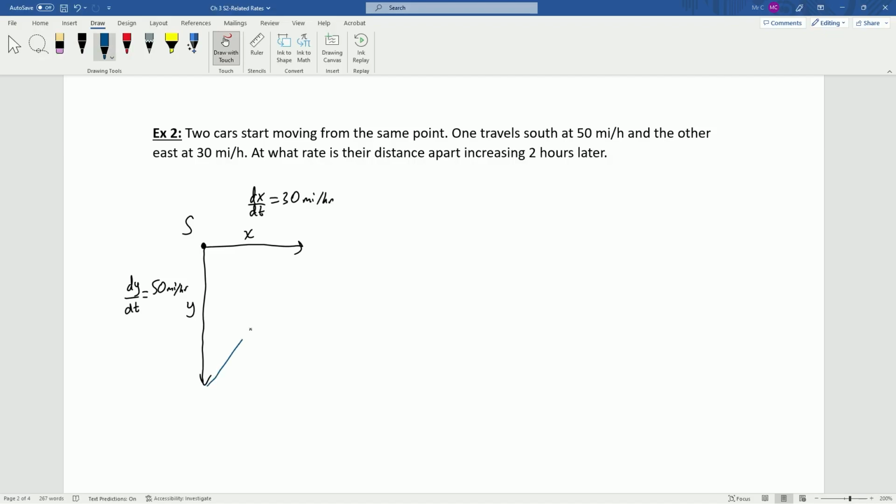Well, let's label this side Z. But what we want is the distance apart between the two, and that's Z. So what we want is dz/dt. Now we're also going to need the total distance traveled in the X and Y direction. So for X, the total distance after 2 hours is going to be 60 miles. And for Y, the total distance is going to be 100 miles.